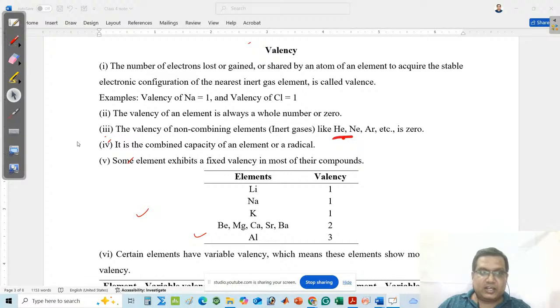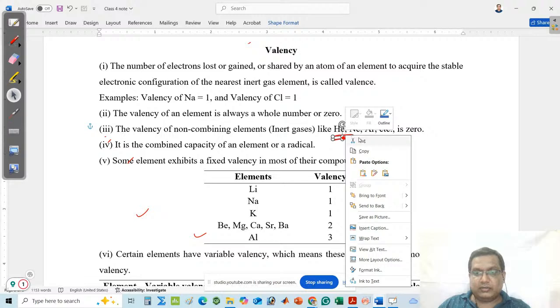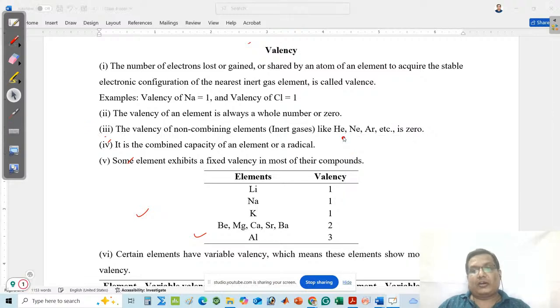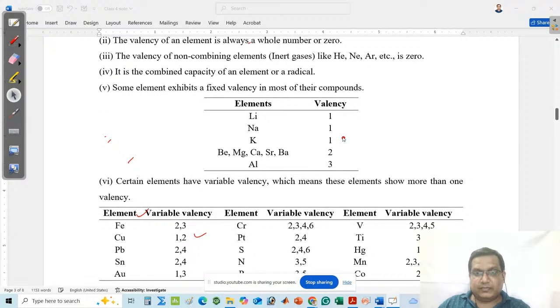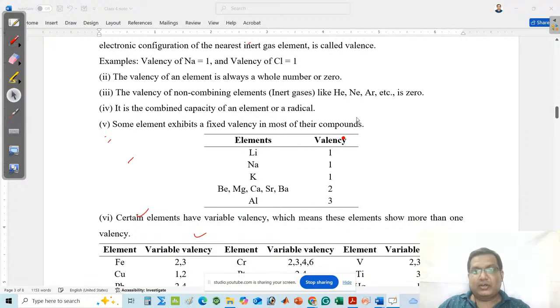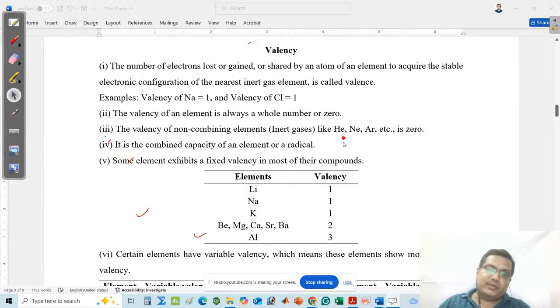Similarly, you can think about neon. Neon already has a stable electronic configuration, so it is not necessary to gain or lose any electron from others. So neon also has valency of 0, like that argon also has valency of 0.